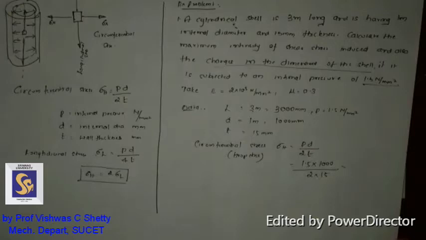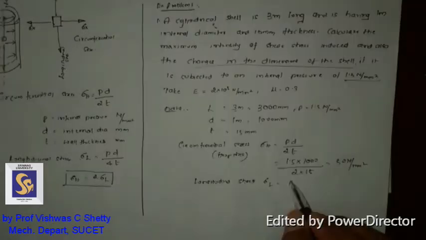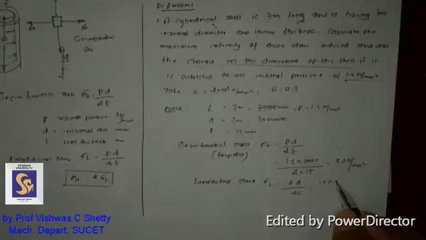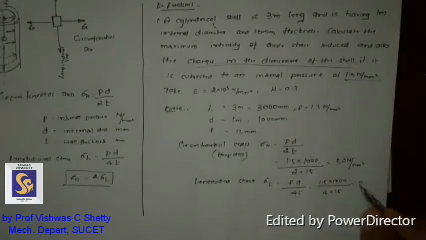For the longitudinal stress, p d upon 4 t, so 1.5 into 1000 upon 4 into 15, which is half of the hoop value, 25 Newton per millimeter square.